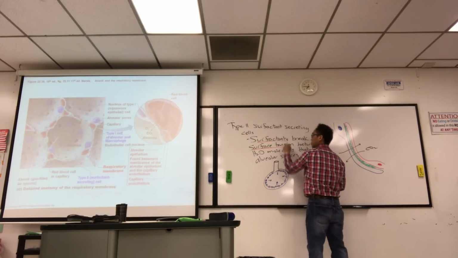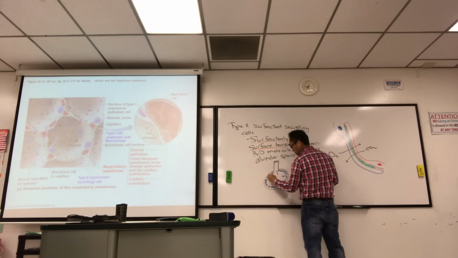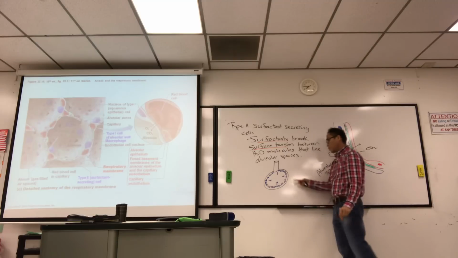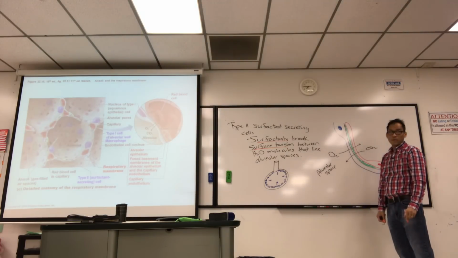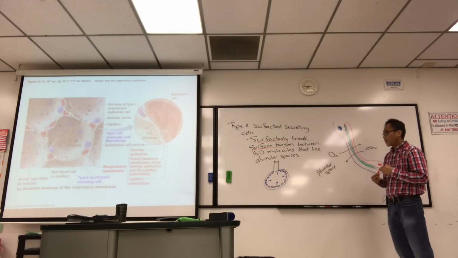So surfactants, I'll use orange, maybe they just kind of shove themselves in between water molecules. And when they do that, you break the surface tension forces. It makes it easier to breathe. Okay, so that's important. I'll talk about that again.